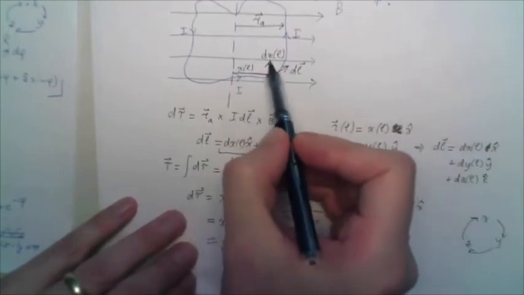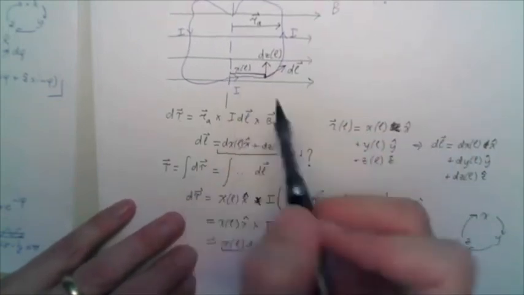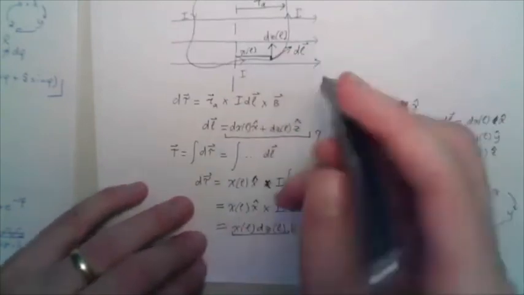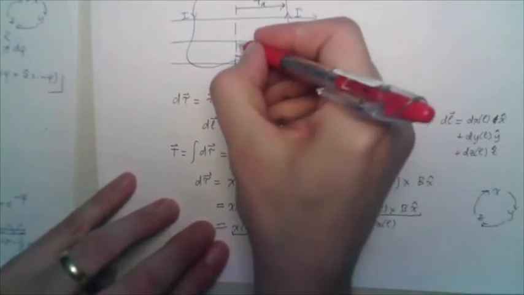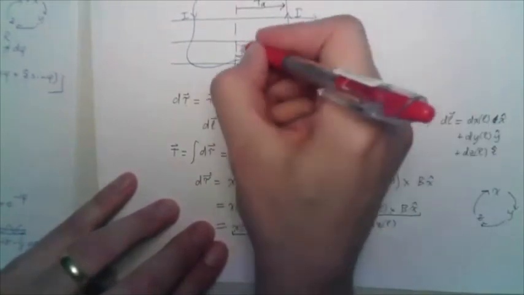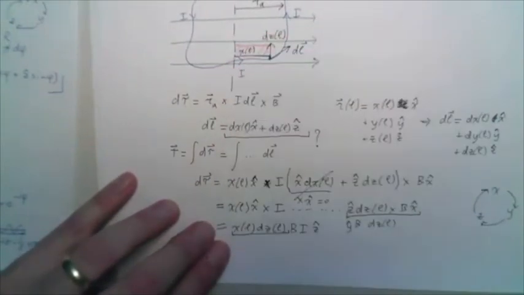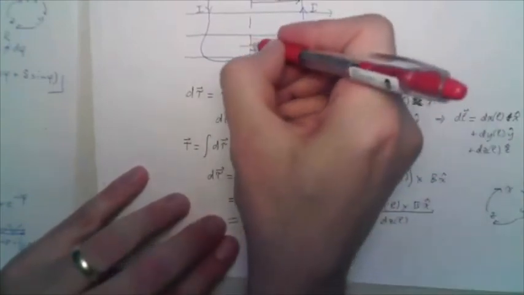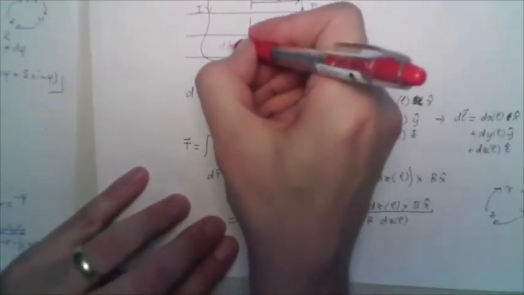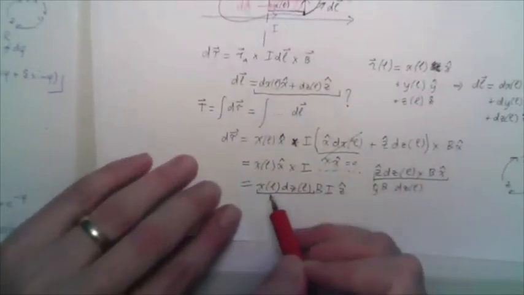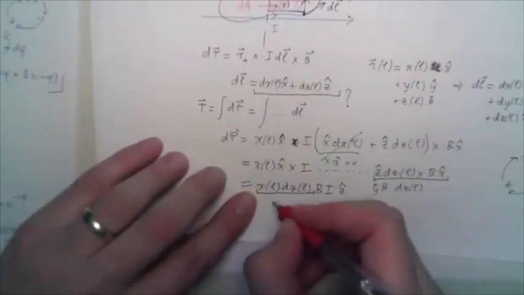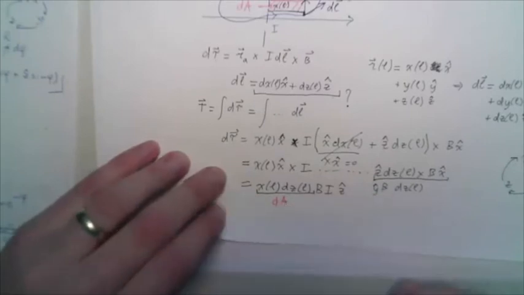Take the product of these two, and you end up with a surface area. So that product gives you this surface area. And this surface area is dA.